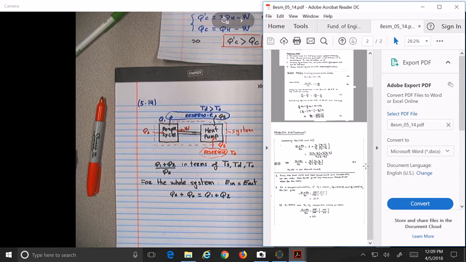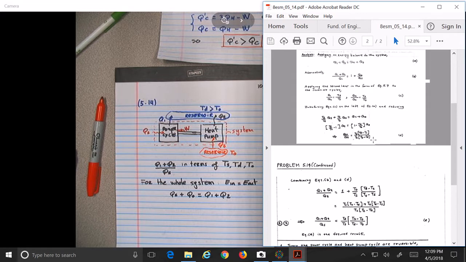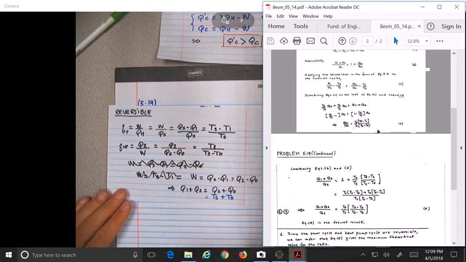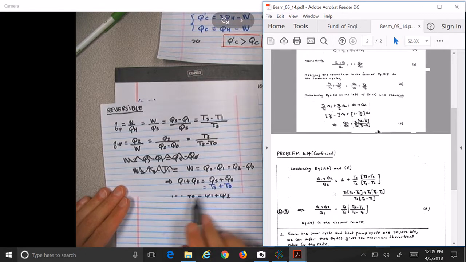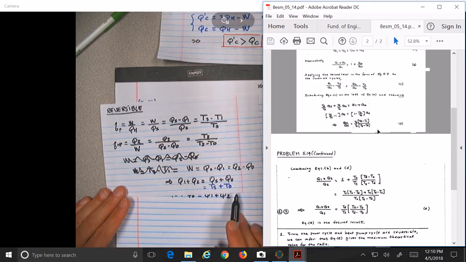So we were at the same location as them before. We could have kept going with the same thing over here. We found that Q1 plus Q2 equal QS plus Q naught, so we could keep this one. All right?